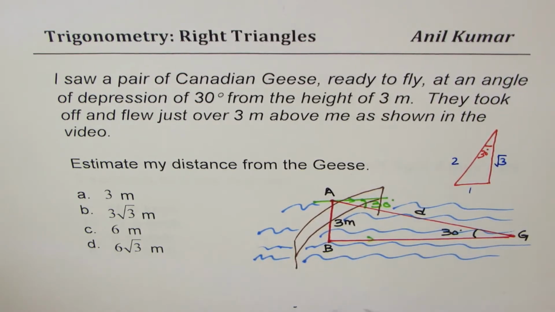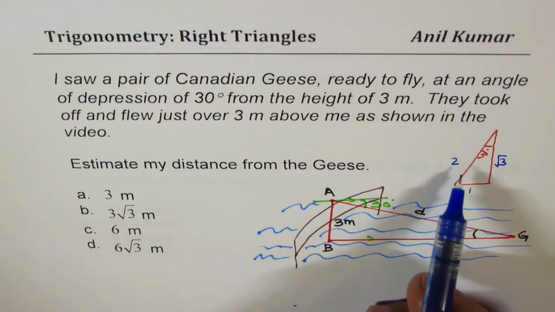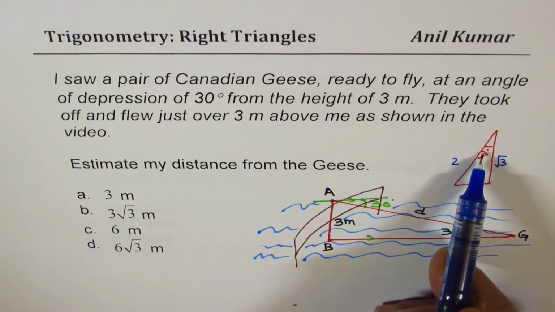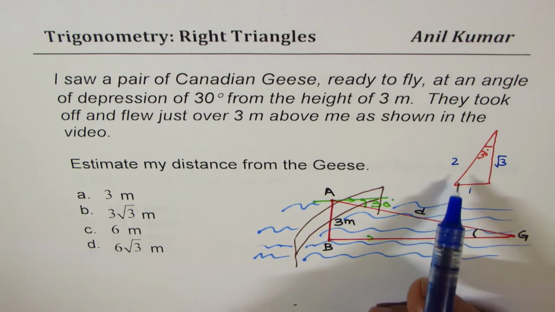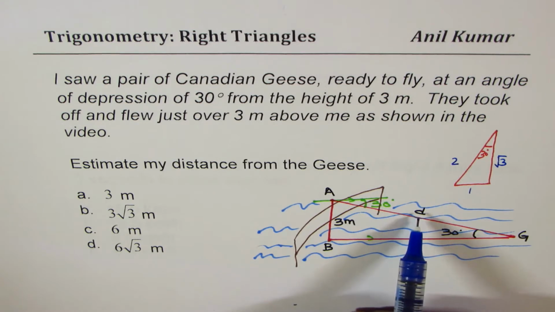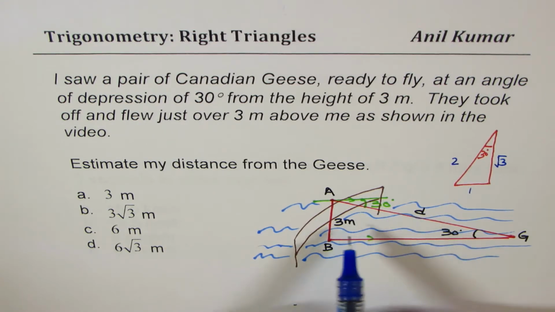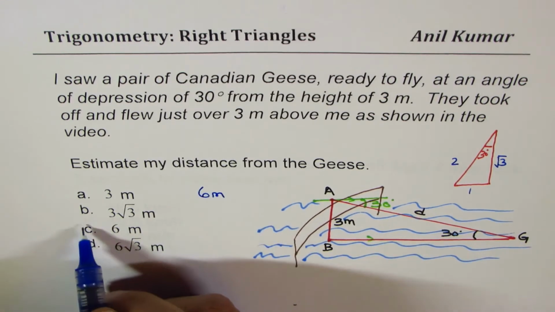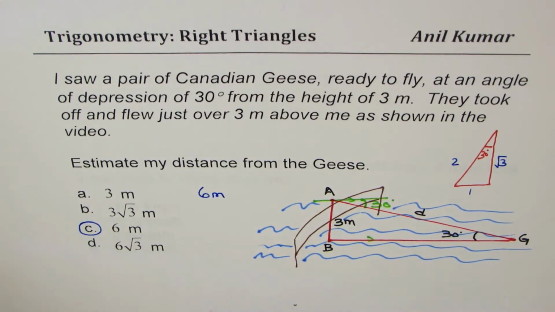Using this special triangle, we know that the hypotenuse is twice the opposite side. So from 30, the opposite side is 1, then hypotenuse is 2. In this case, it is 3, and therefore this distance should be 3 times 2, right? So it should be 6 meters. So option C is the right option.